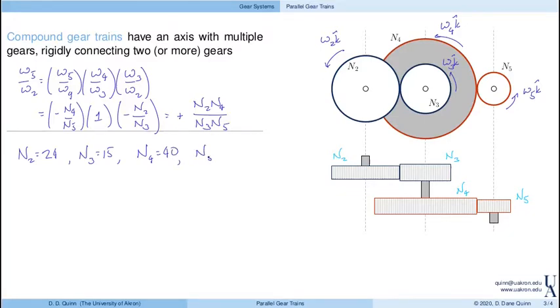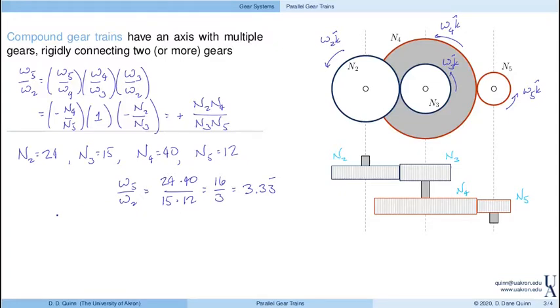And N5 is equal to 12. So as a result, we can calculate this gear ratio according to this formula as 24 times 40 divided by 15 times 12, which ends up being 16/3, or 3 1/3.